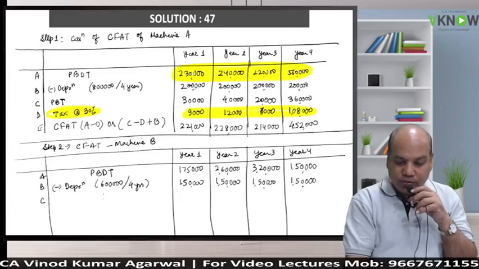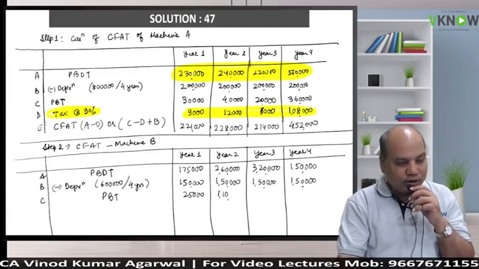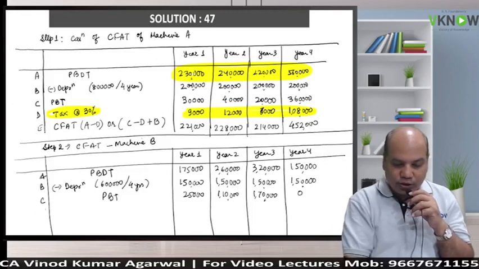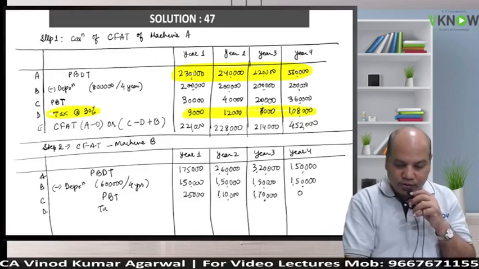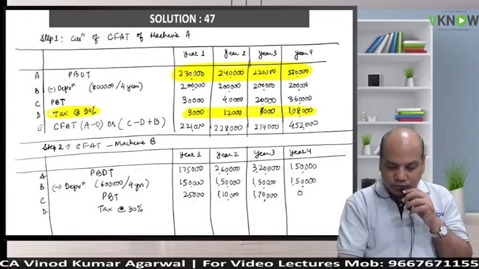Then you write down PBT: 25,000, 1,10,000, 1,70,000, and zero. Tax at the rate of 30%. Take on your calculator 0.3 into 25,000. 7,500.